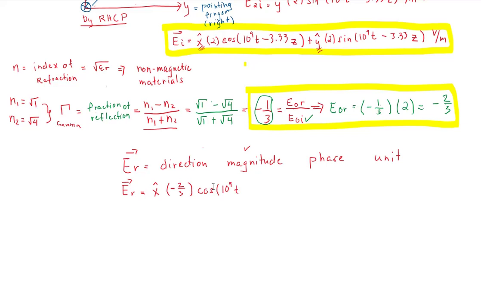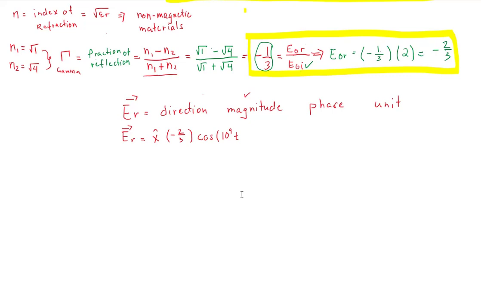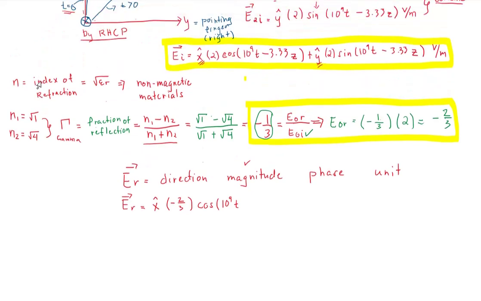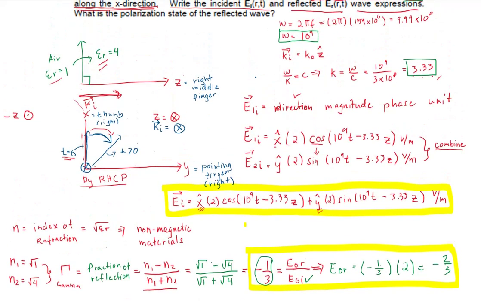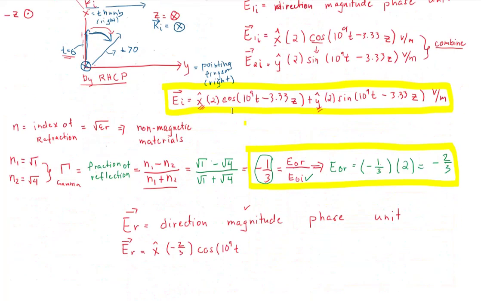Now the question is, what about our k? So let's put a pause on that real quick and figure out k. From the first part, we know that k sub I is traversing along the positive z direction.